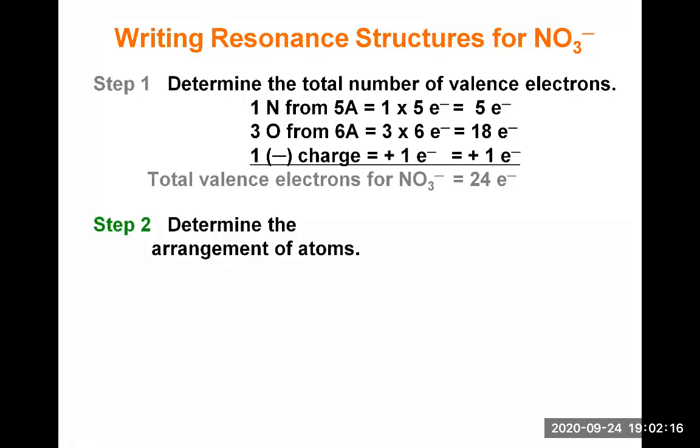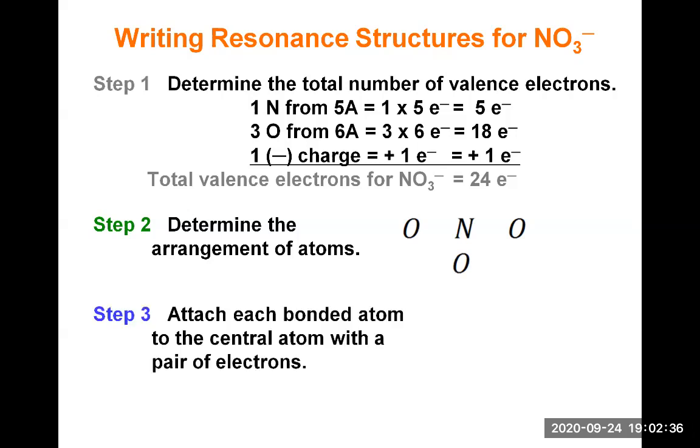So the second step is to determine the arrangement of the atoms. And so as always, when you have a formula where there is a single atom first in the formula, it's going to be the central atom. So here, nitrogen will be the central atom, and then it will be surrounded on 3 sides by an oxygen. The third step is to attach each bonded atom to the central atom with a pair of electrons.